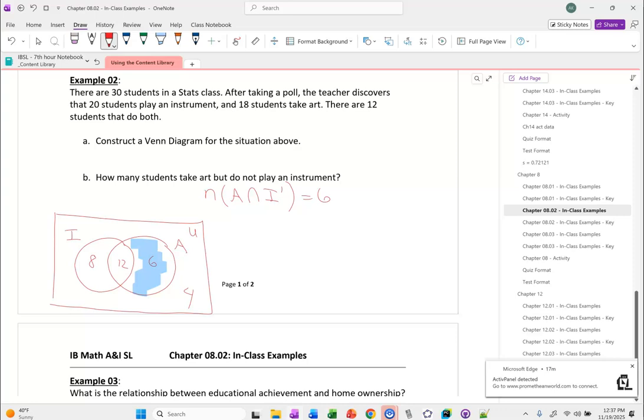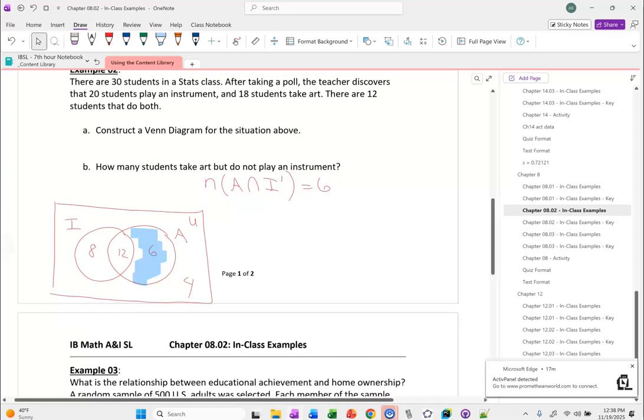Is everybody okay there? Sure. Now it's going to be important, as a fair warning, you're going to have to be able to read those things and turn them into probability statements in addition to just finding the answer. Like A intersect I complement and stuff. You should be able to do that. That'll be a helpful skill in this chapter and future chapters.